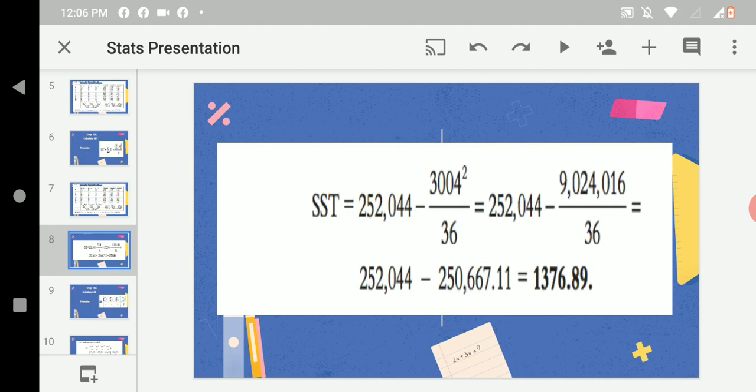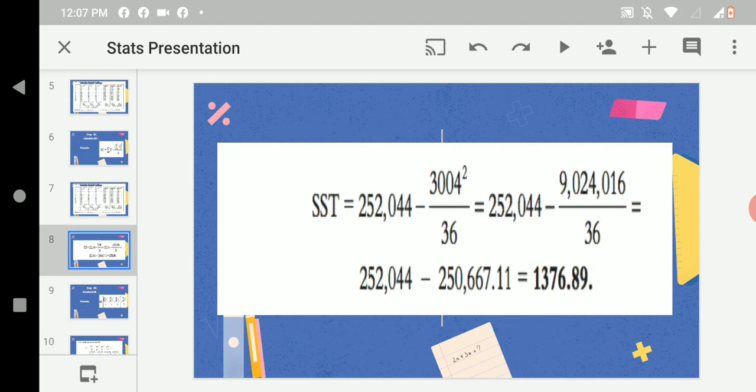Okay? So, here's the calculation. 252,044 minus 3004 squared over 36. Of course, we have to simplify the number that has squared first. Is equals to 252,044 minus 9,024,016 over 36. So let's calculate that.